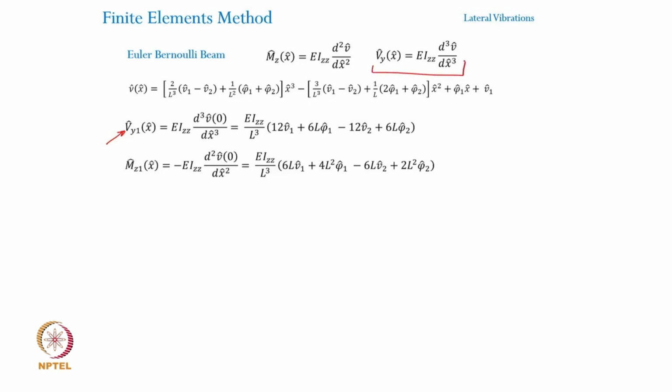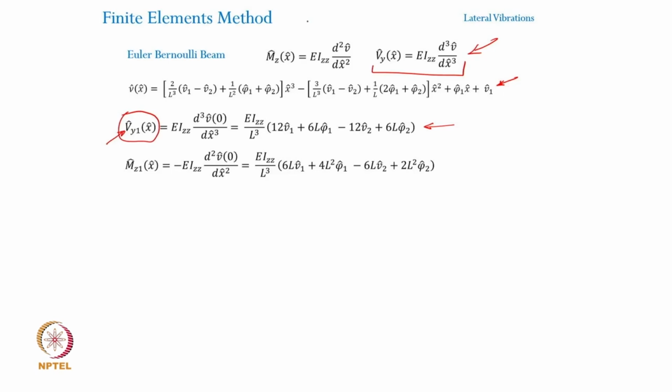Okay, so EIzz d3 v cap by dx cap cube at x cap equal to 0 gives us the shear force at the left node position. By using this particular interpolation function in the expression here and then taking the derivative, you can finally get an expression relating Vy1 cap in terms of all the four nodal displacements.